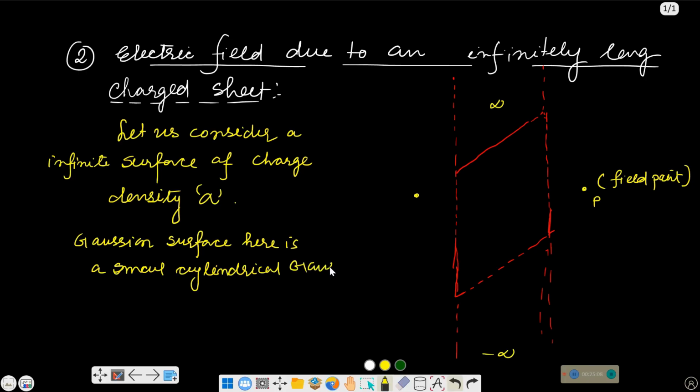Okay, or you can say small pillbox, containing this surface. So it will be like this. This is containing this one.